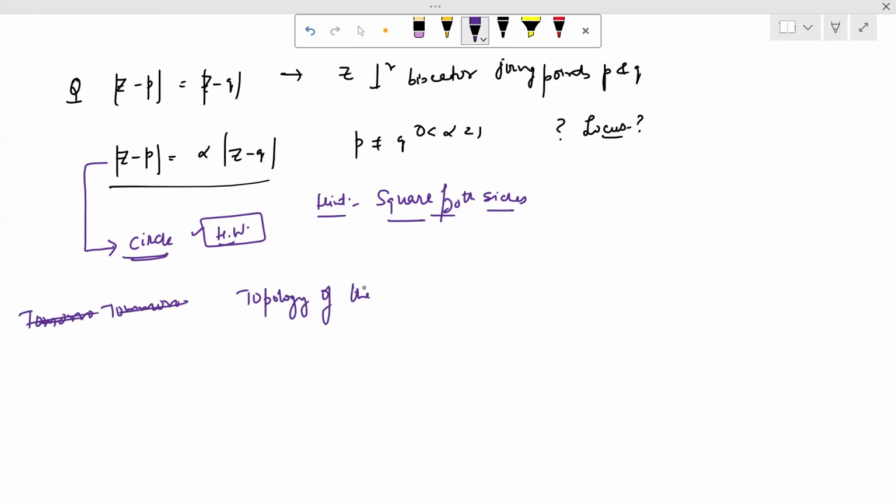So tomorrow we are going to start with the topology of the complex plane. I hope you might have already taken one lecture on open sets, closed sets, compact sets and all those things, but still I will try to revise all the concepts in the light of the complex plane. This is an important lecture. From here, your complex analysis begins.